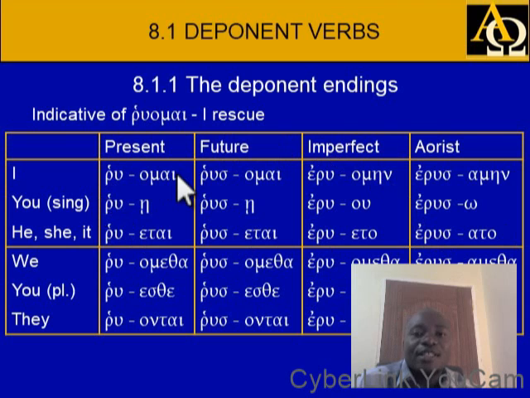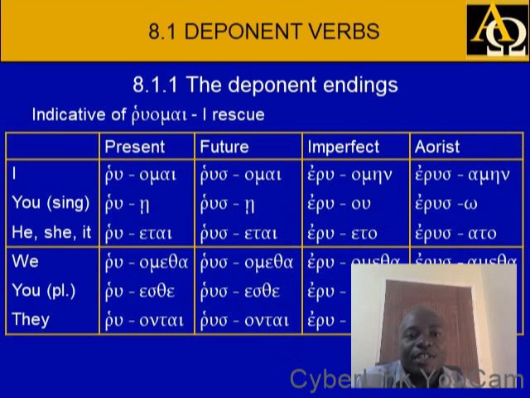So the present tense is ruomai, the second person is rue, third person is ruetai, first person plural is ruometha, second plural is rueste, third plural is ruontai. In the future, ruzomai, ruze, ruzetai, ruzometha, ruzeste, ruzontai.